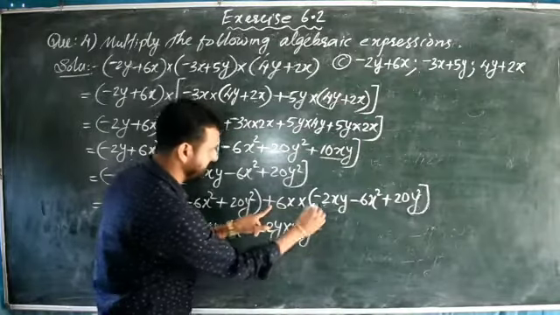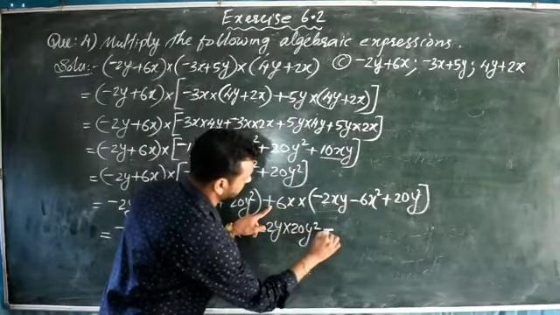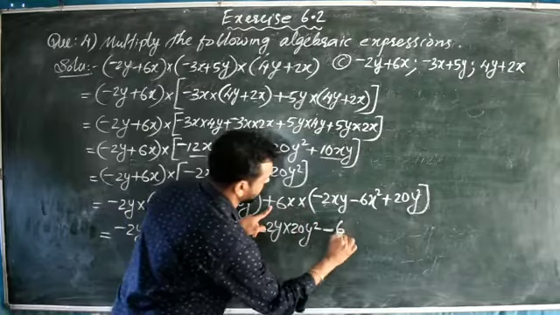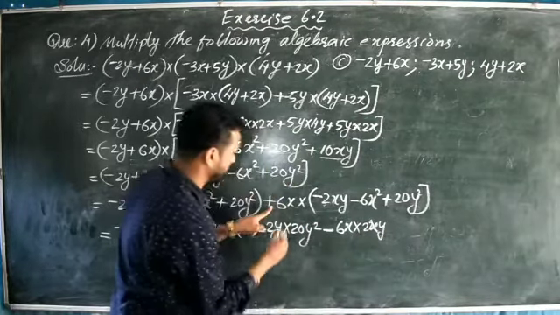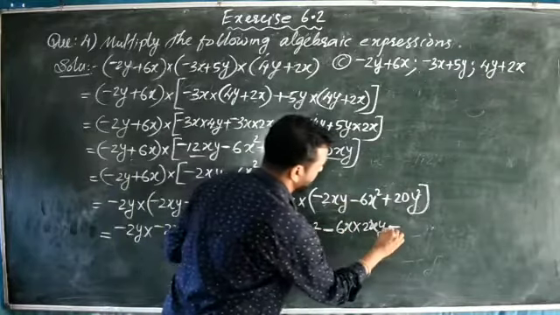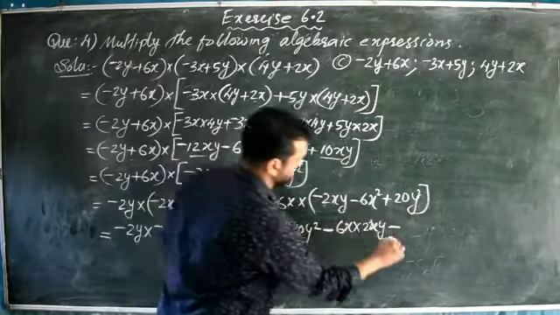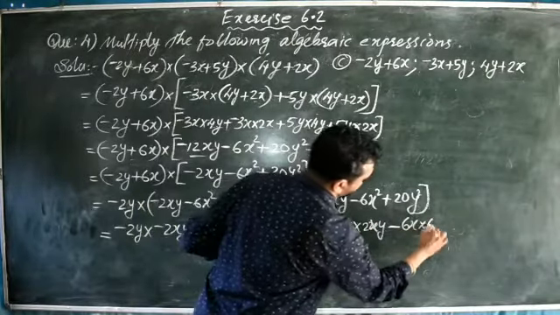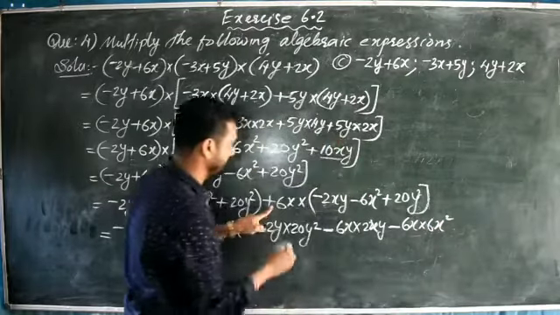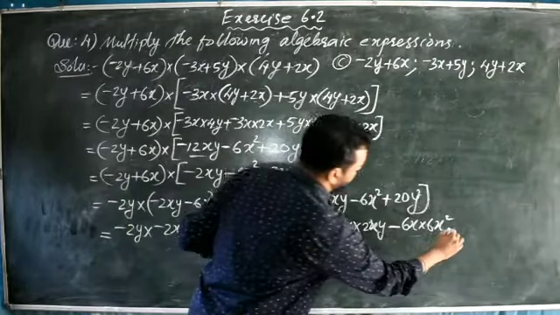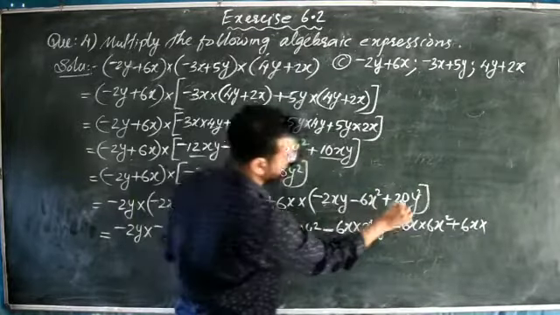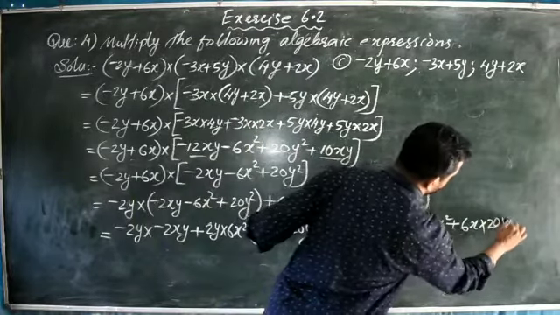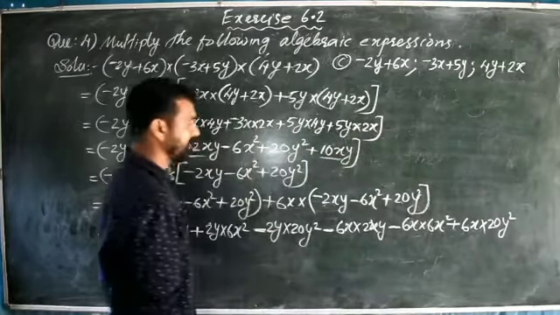Plus into minus, it will become minus 6x into 2xy. Next one, plus into minus, minus 6x into 6x square. Next one, plus into plus, it will become plus 6x into 20y square.